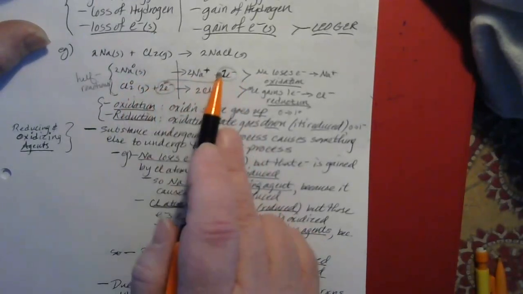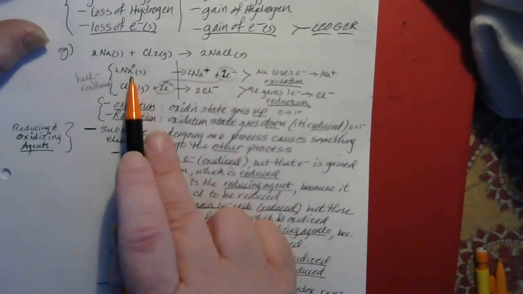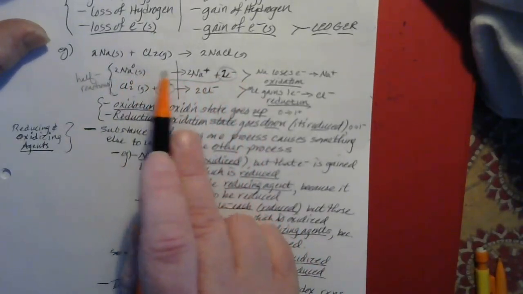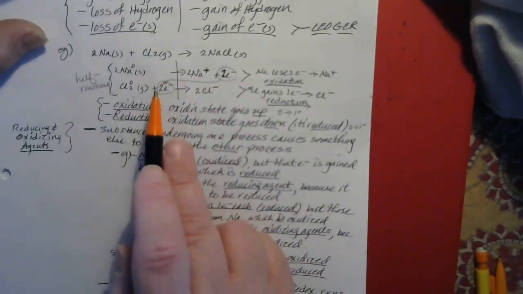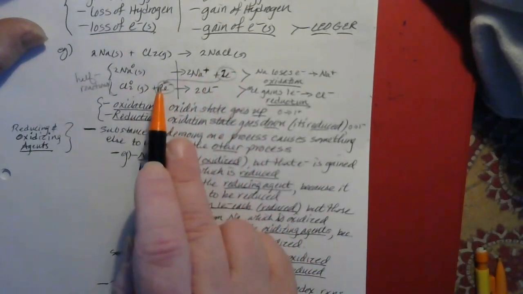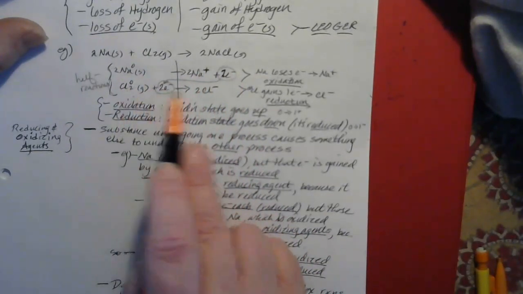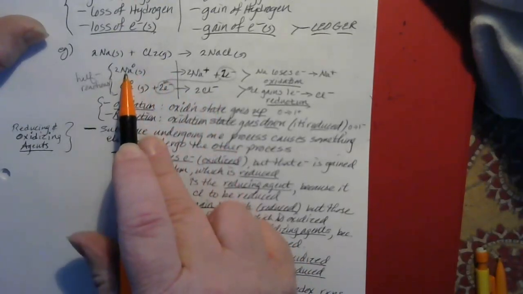The chlorine takes in those 2 electrons from the sodium, and the fact is the sodium is not going to release those electrons until there's something else nearby that's willing to take them in, like the chlorine. So by taking in those electrons from sodium, the chlorine is reduced, but it allows the sodium to be oxidized.